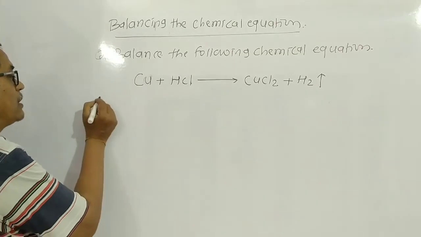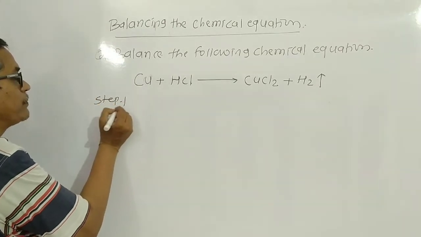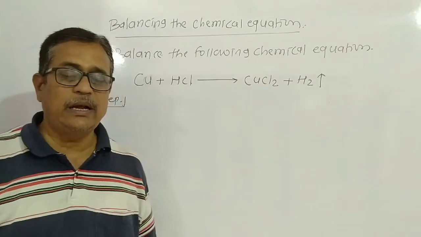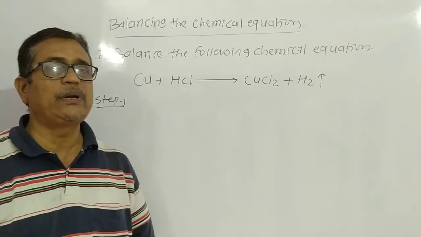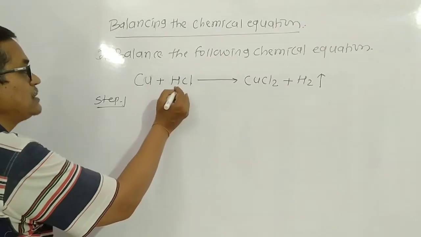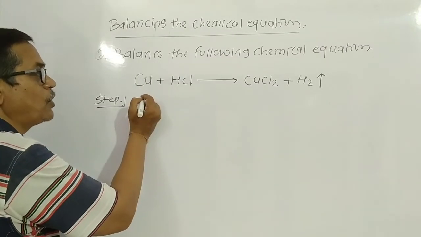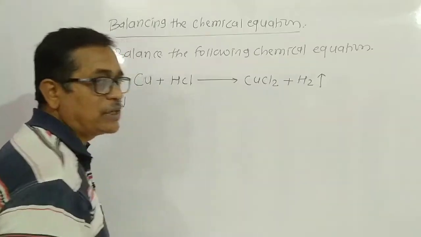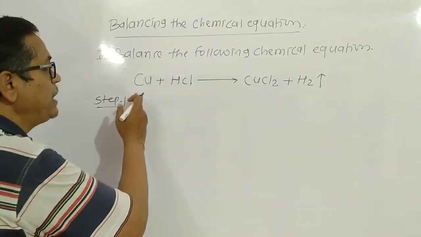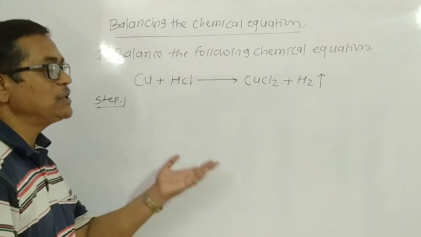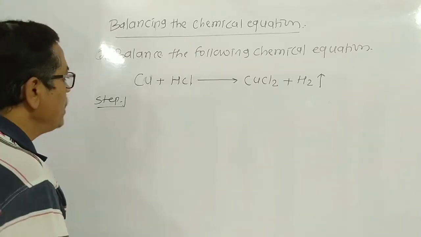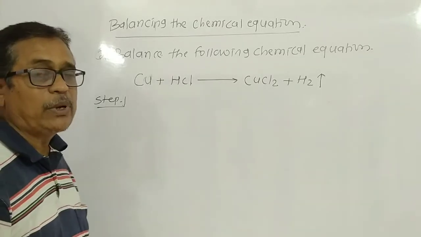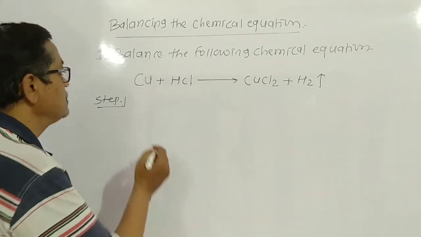Step 1. Dear student, you can take more examples and practice how we balance a particular equation. Here HCl is hydrochloric acid, Cu is copper, CuCl2 is copper chloride, and H2 is hydrogen gas. A metal reacts with an acid to form a salt and hydrogen gas. In step 1, we count the number of atoms on the LHS and RHS.